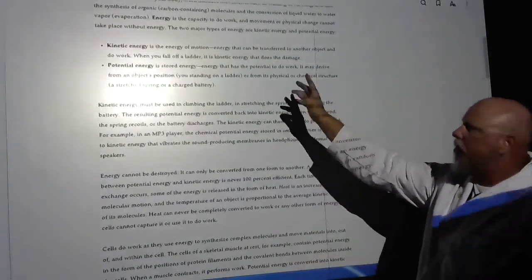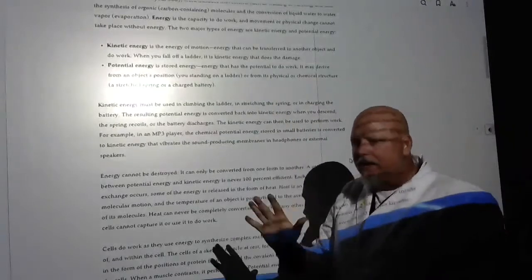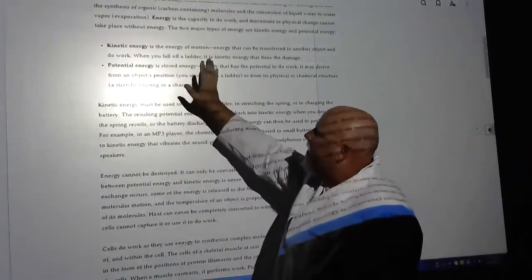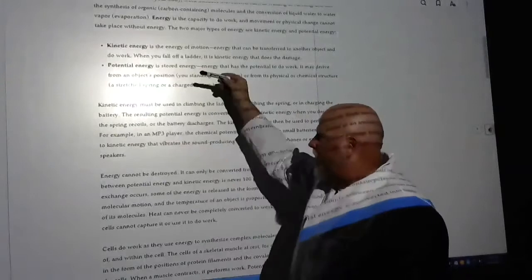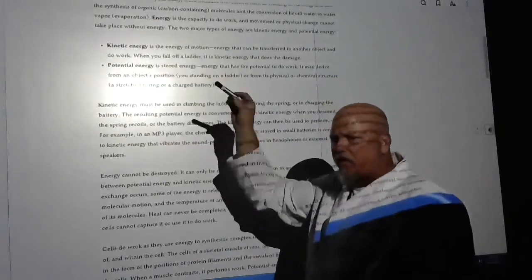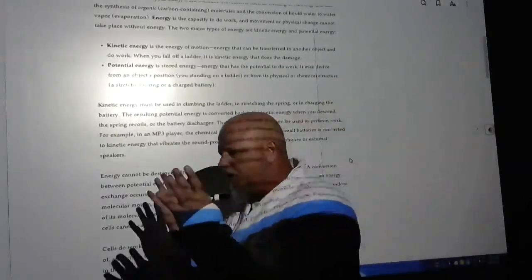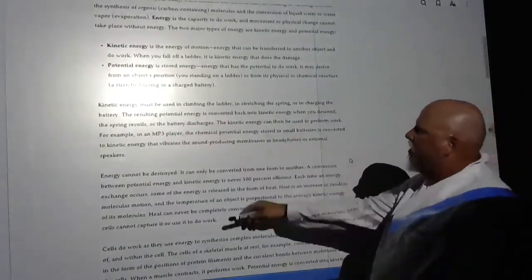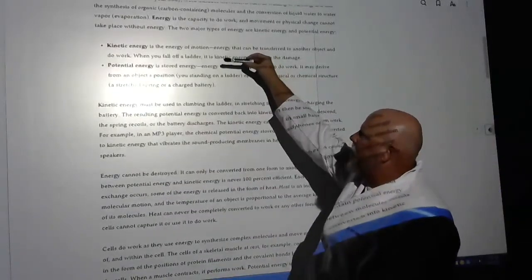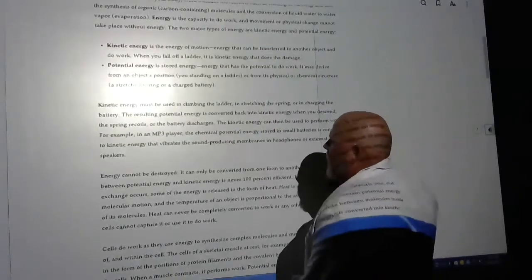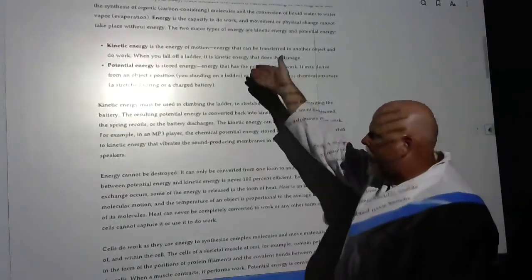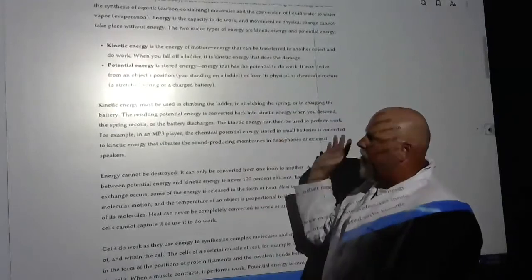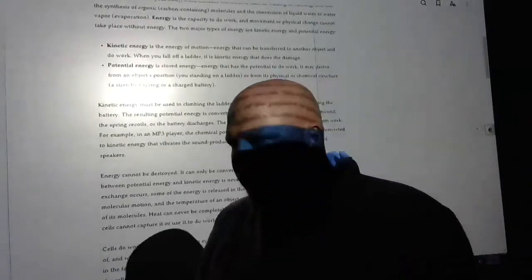Potential energy is stored. Kinetic energy is when we release it. So I store it as potential energy, and kinetic energy is when we drop it or release it. Kinetic energy is the energy of movement. Potential is where we store it.